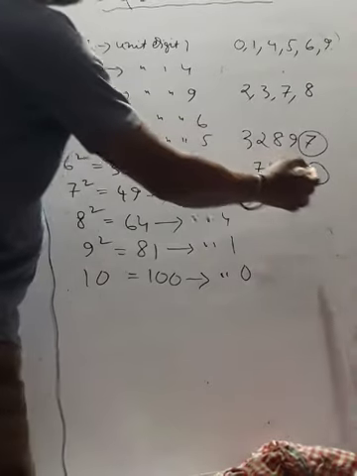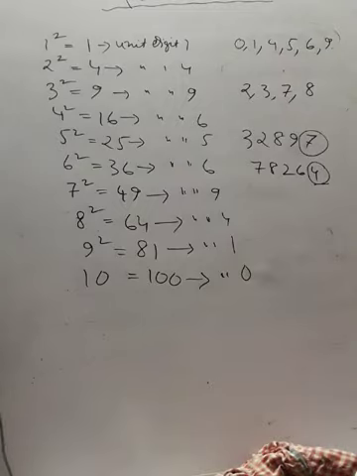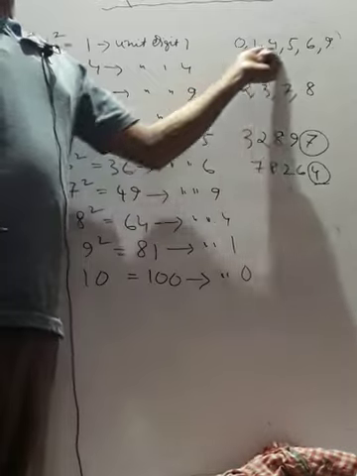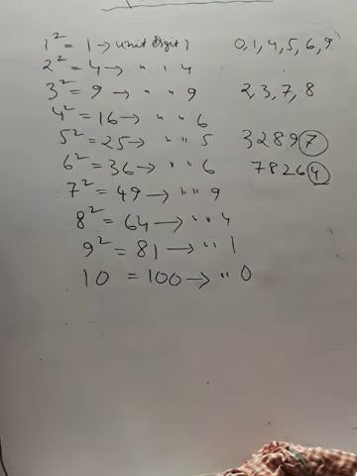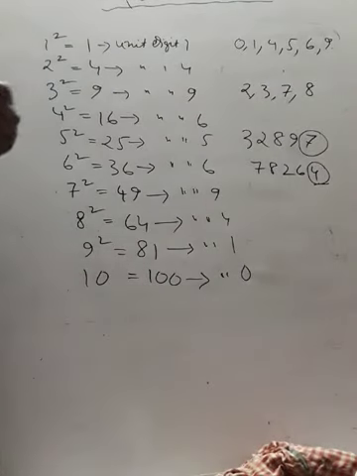So you have to check the digit in ones place. If the ones place belongs to this list, then it may be a perfect square or it may not be. But if it belongs to this list, it is sure that it can never become a perfect square.